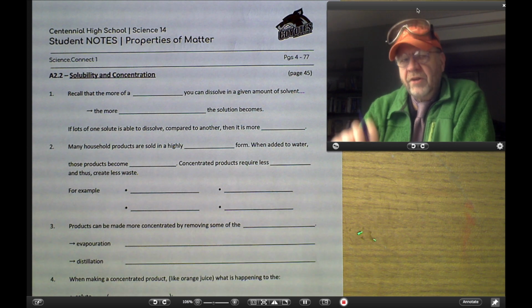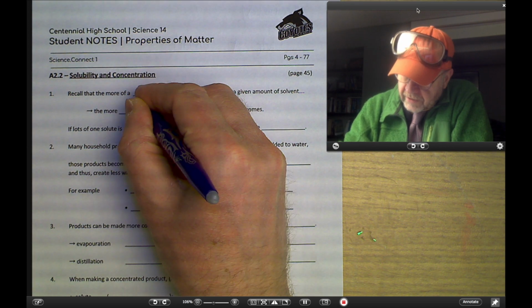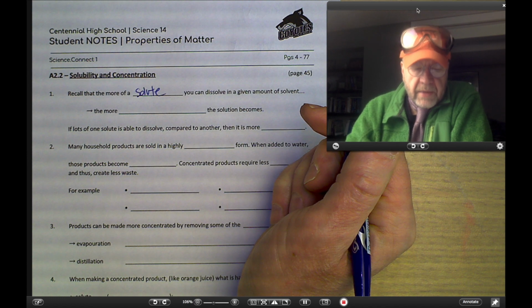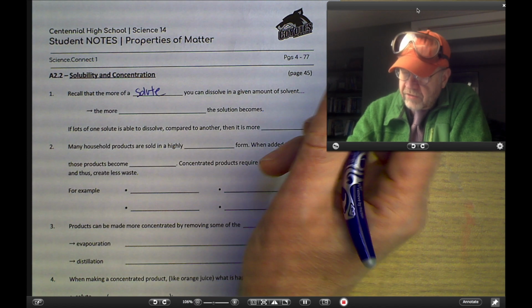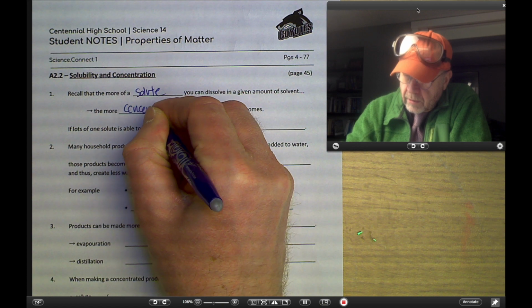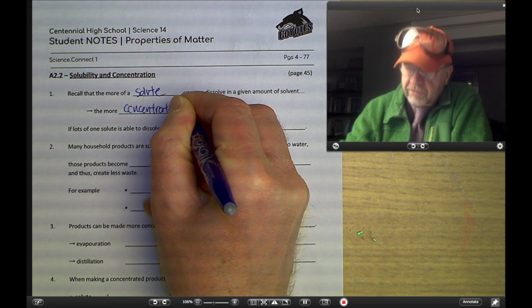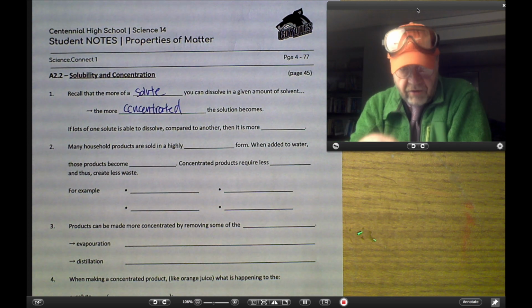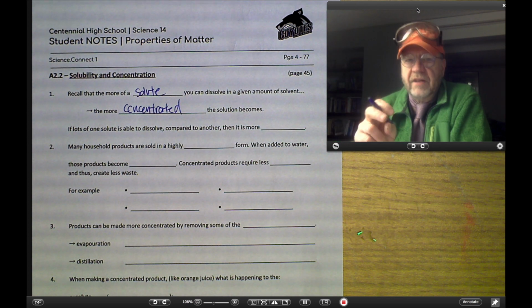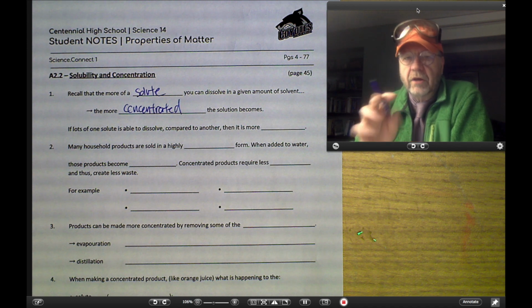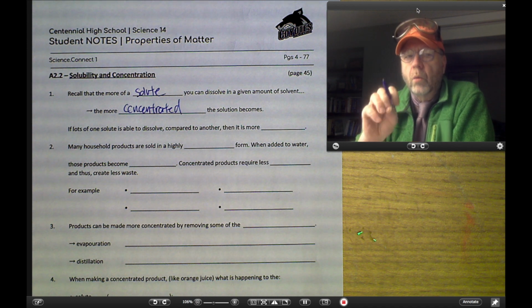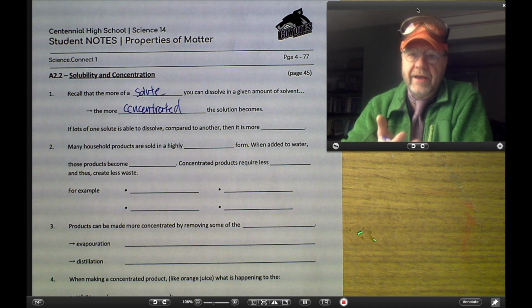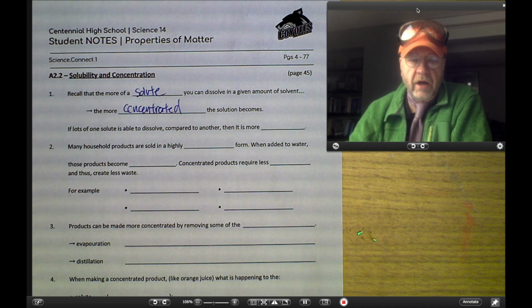The more solute that you added to the mixture of water means that the more concentrated the solution becomes. So solute is the stuff that dissolves. The solvent is the stuff that does the dissolving. Salt and water: salt is the solute, water is the solvent. And the more of the stuff that you add to dissolve in the water, the more concentrated it is.